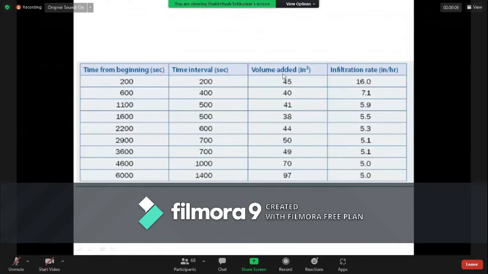Now you can convert this volume divided by area, and here you can write the depth in inches. After that, if you want, you can add another column, infiltration rate in inches per second. Then you can write infiltration rate in inches per hour.